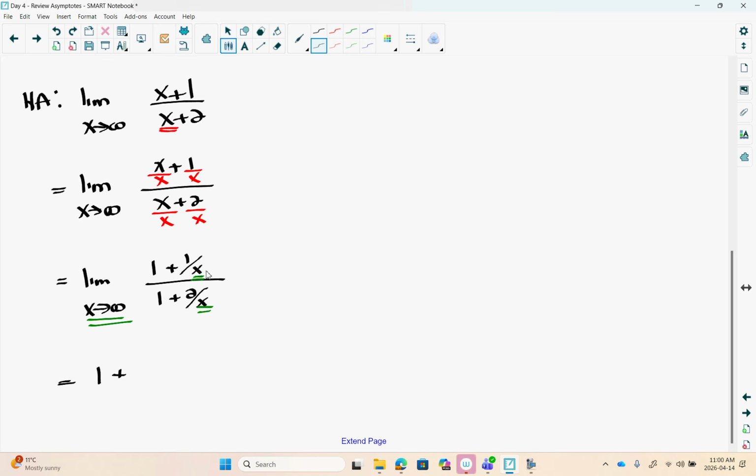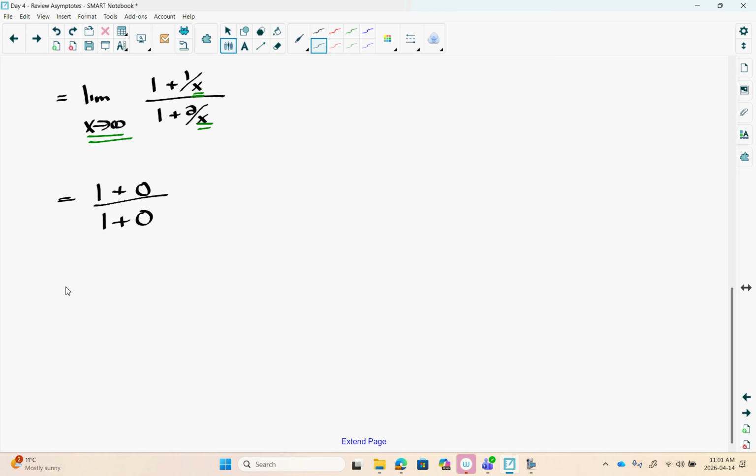If I make that denominator 1,000, if it gets bigger, I end up with 0.001. It keeps getting smaller, but it's not going to go to negative 10 or negative 50 or negative infinity. It's actually approaching 0. Same thing with this one. And you end up with 1 plus 0 over 1 plus 0, 1 over 1. What's 1 divided by 1?